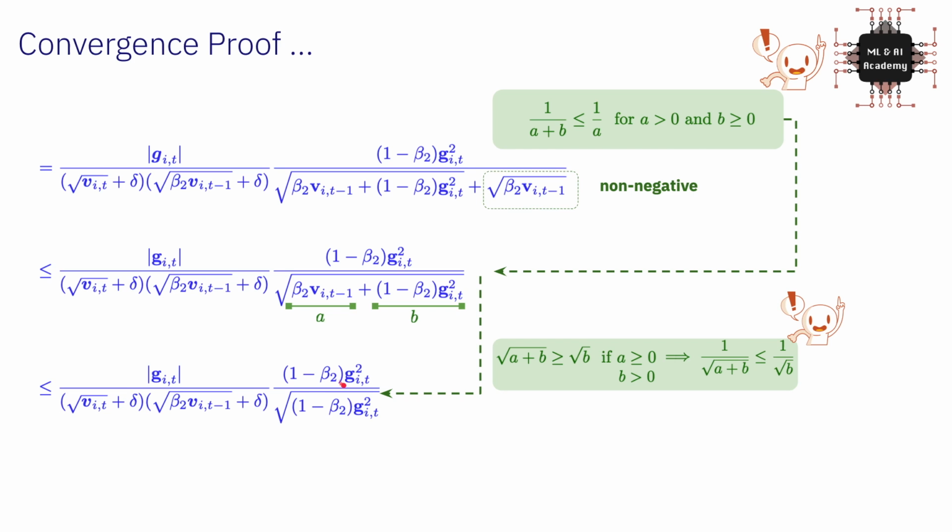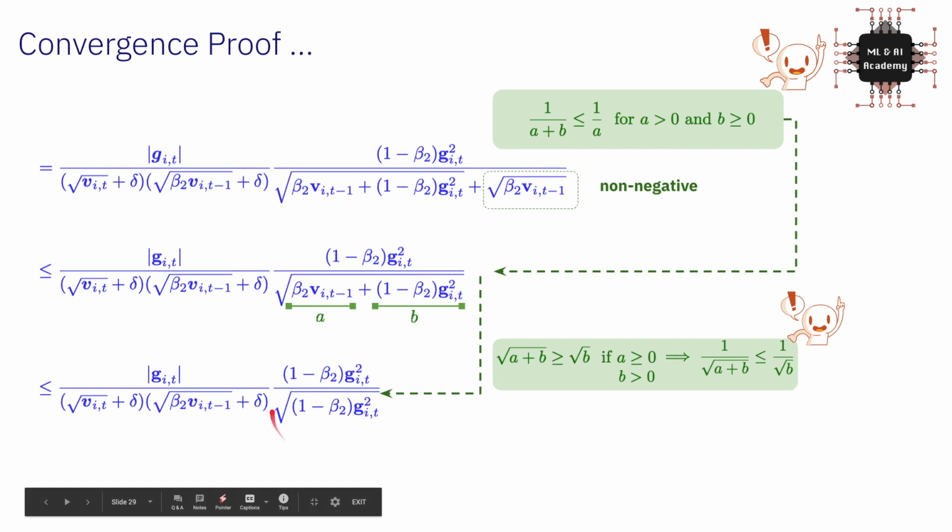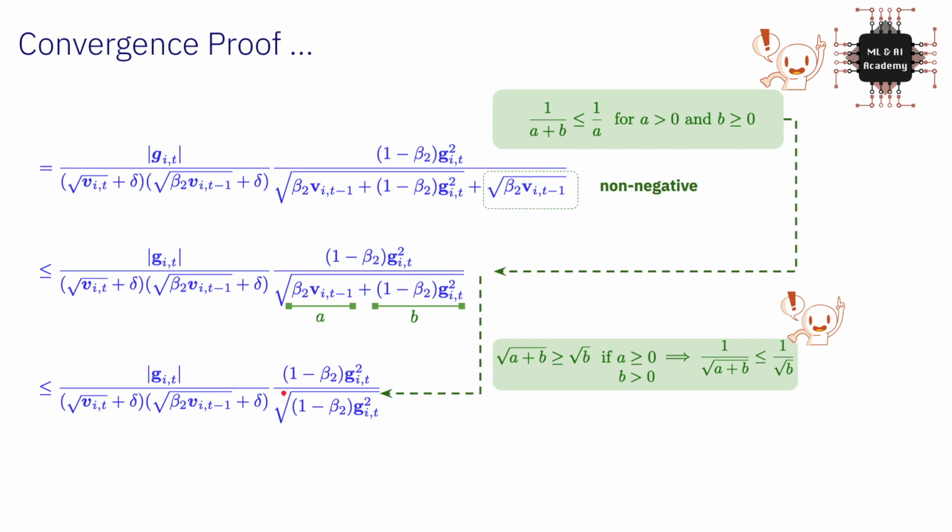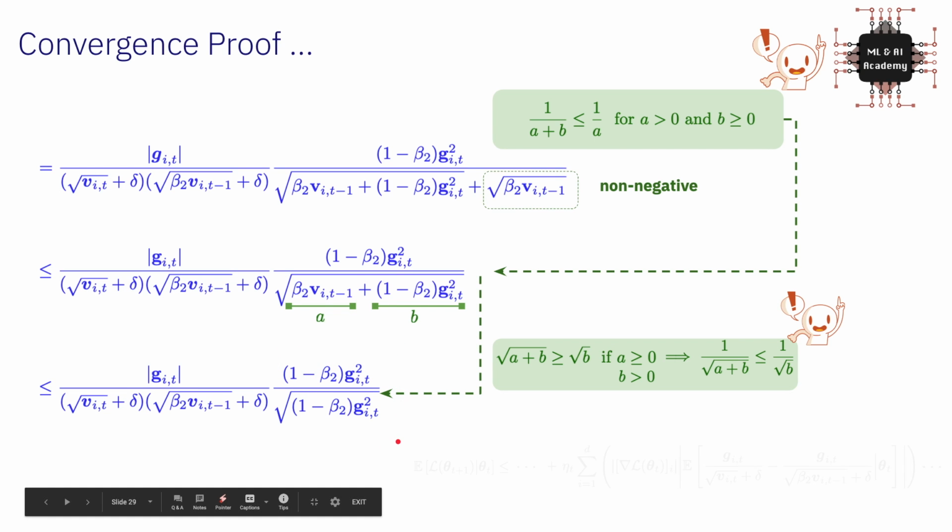So we can really simplify this equation. So for example, we know that if you take GIT squared outside of the square root, you get absolute value. Then that makes this and this cancel, right? And then 1 minus beta 2 divided by square root of 1 minus beta 2 can also simplify because this is like to the power 1 minus half. So then you just get in the numerator a square root of 1 minus beta 2.